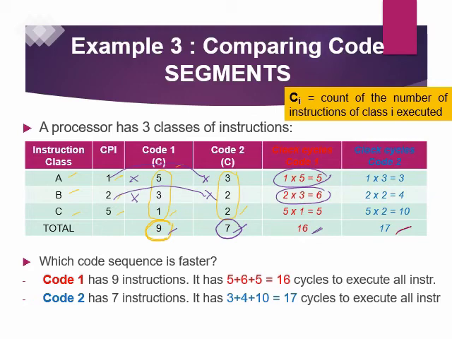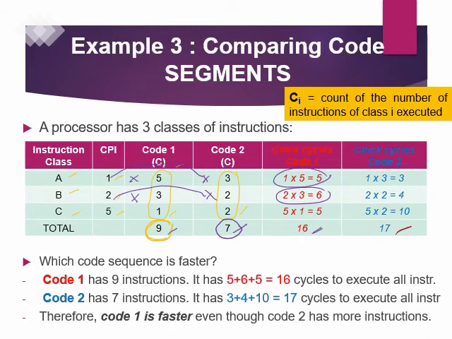So what is the conclusion? Code 1 is faster because it uses 16 cycles only compared to 17, even though it has 2 more instructions, 9 compared to 7. So this is how we compare when we have different classes of instructions with different cycles per instruction, CPI.